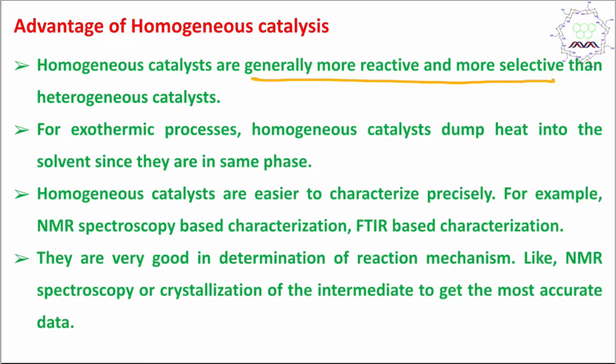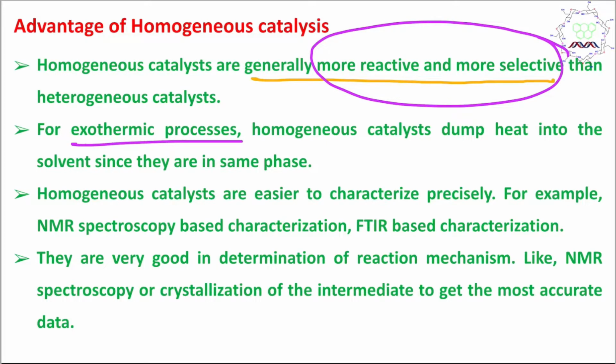Just think, for a chemical transformation, what do you need? You need a more reactive and more selective catalyst. This is provided by homogeneous catalysis. Not only that, for example, if you are carrying out an exothermic process, the reaction will produce heat. That heat will be given to the reaction mixture, and we know that with increasing temperature the reaction happens efficiently. It's a general trend.